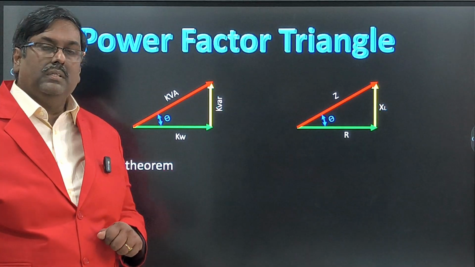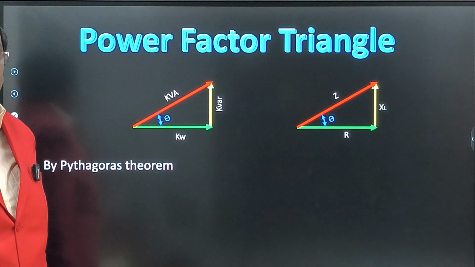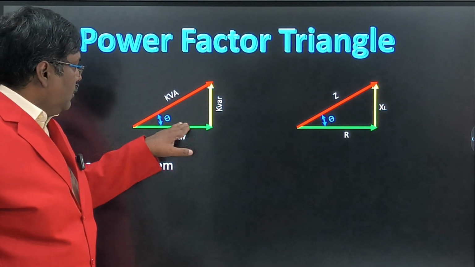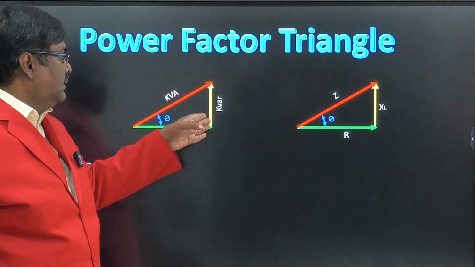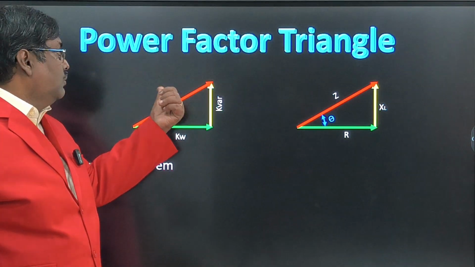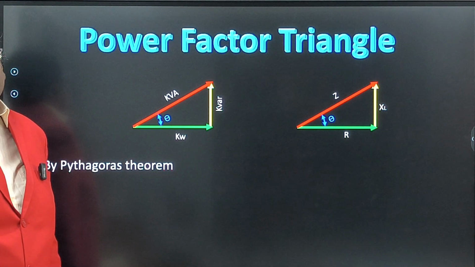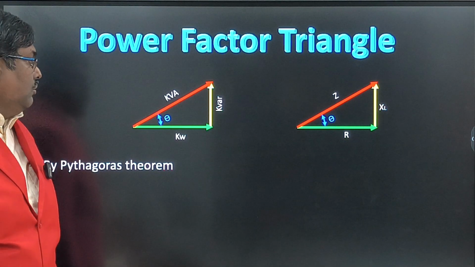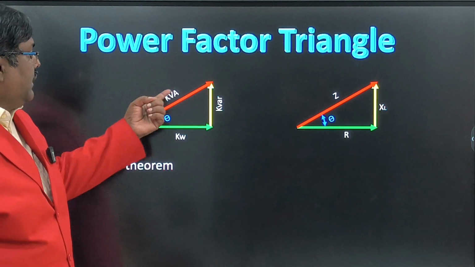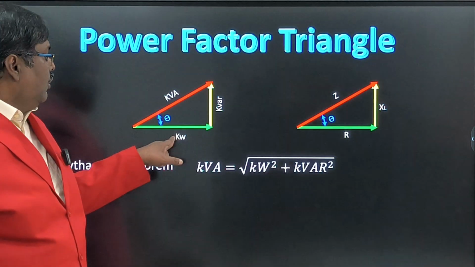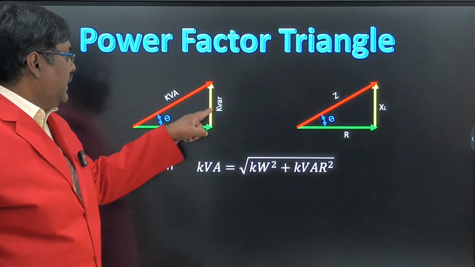Next, Pythagoras theorem, which you have heard about. If there are three sides, the horizontal side squared plus the vertical side squared equals the hypotenuse squared: A squared plus B squared equals C squared. By Pythagoras theorem, you can calculate kVA as the square root of kilowatt squared plus kVAR squared.